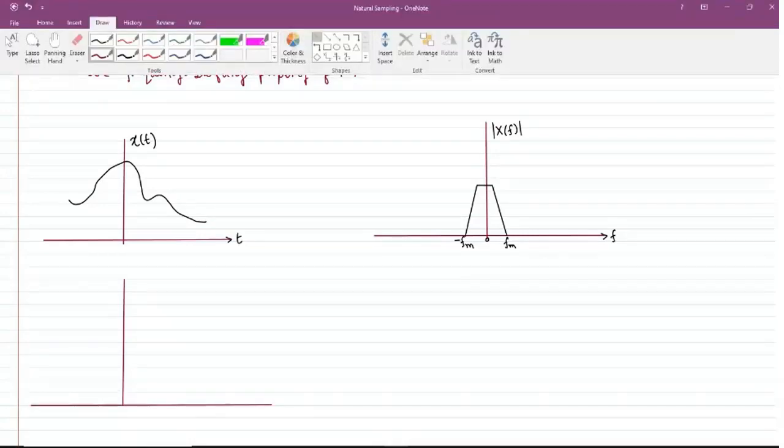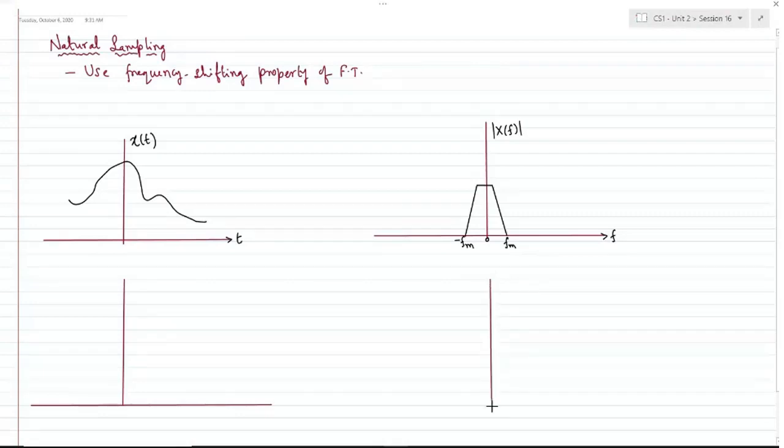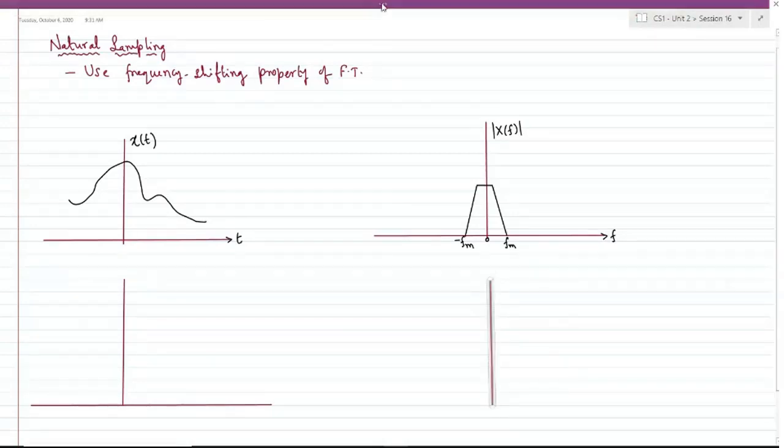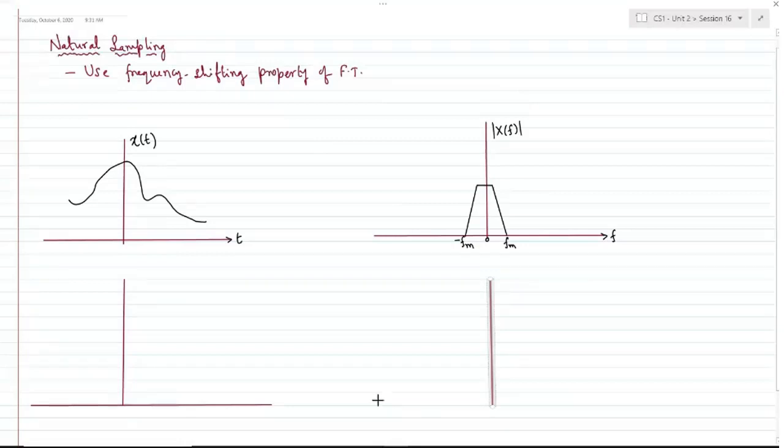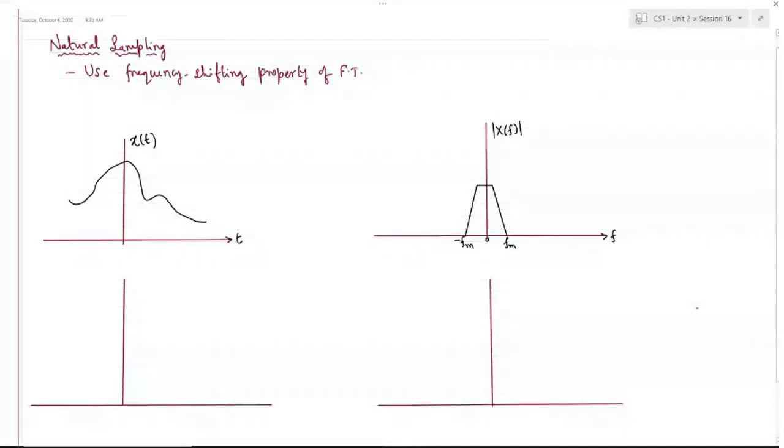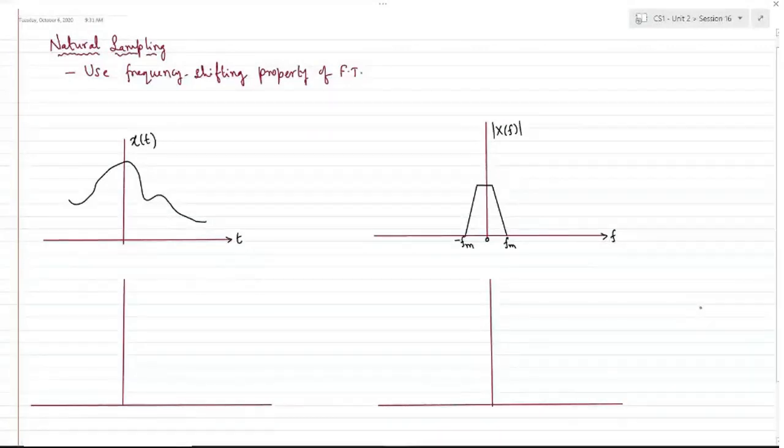I'll have the frequency domain representation of those pulses as well, so that I can apply filters and understand what the characteristics of the filter must be in order to get the original information signal back.